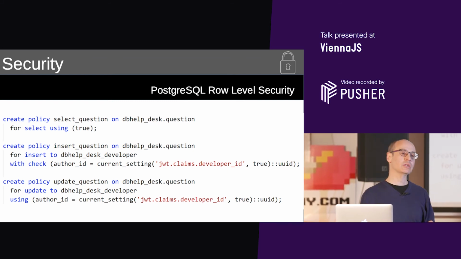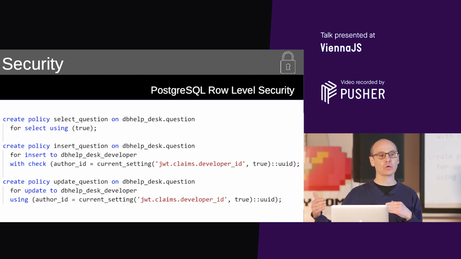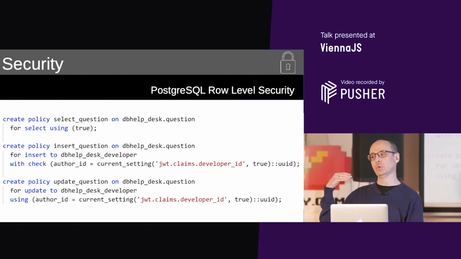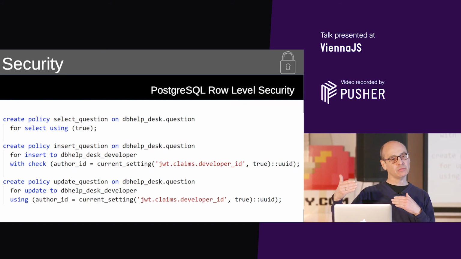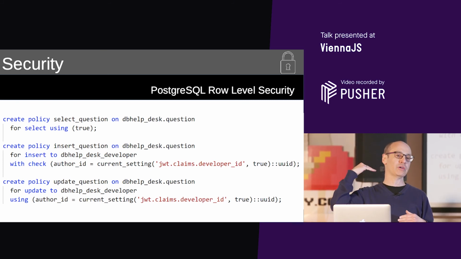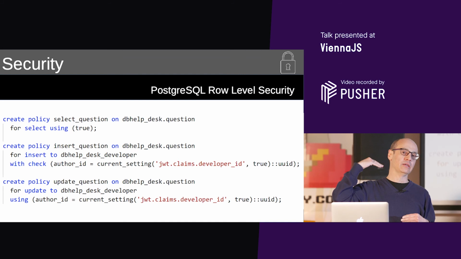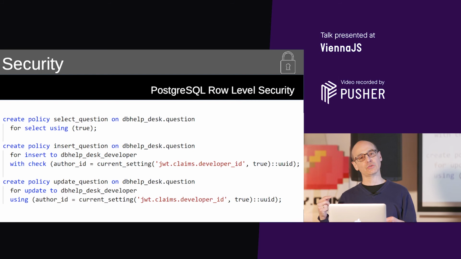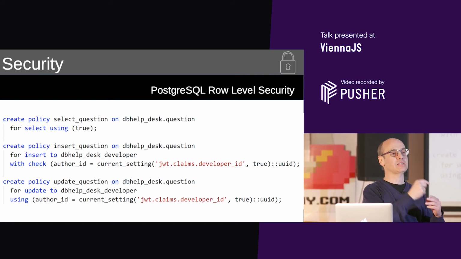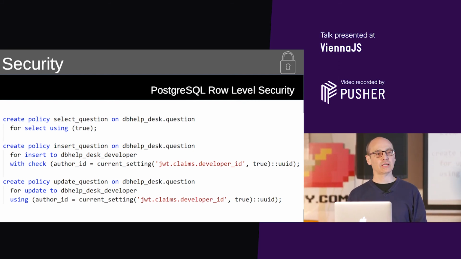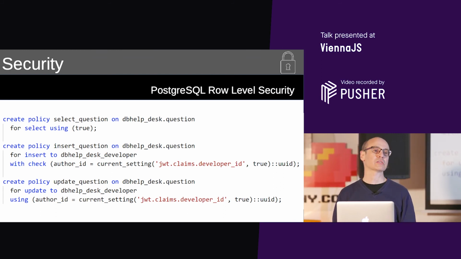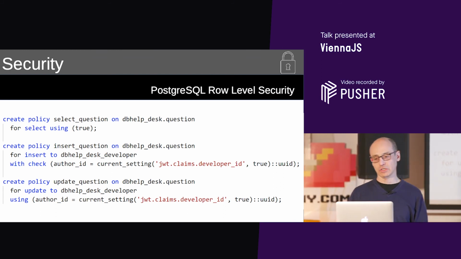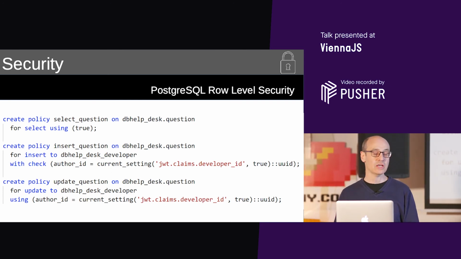The way this works is that Postgraphile in the background, once you log in and send the JSON Web Token with the request, inserts the fields of this JSON Web Token inside the session of the database, and you can access these settings by calling current settings and use them to verify the security and the claims that the user is making.